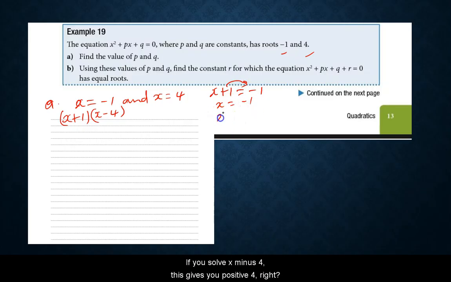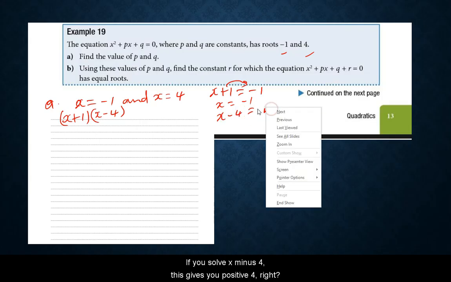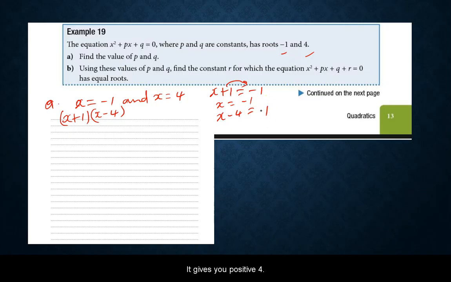If you solve x minus 4, this gives you +4, right? If you take -4 to the other side, it gives us positive. So -1 and +4 are x values, and if we rearrange them in equation, it means they are x plus 1 and x minus 4. I hope that is understood.